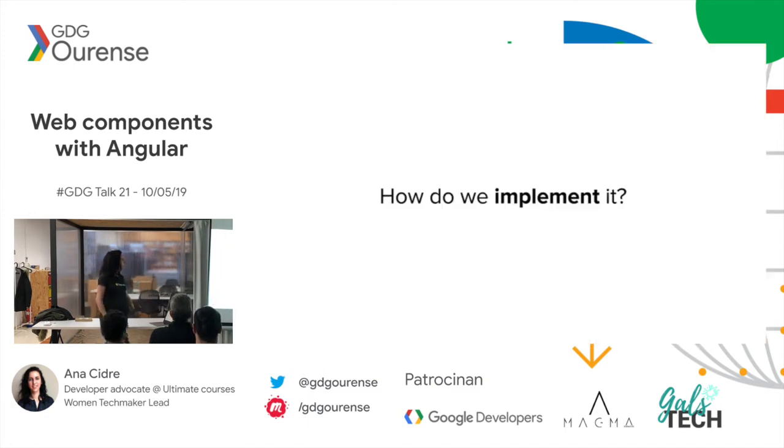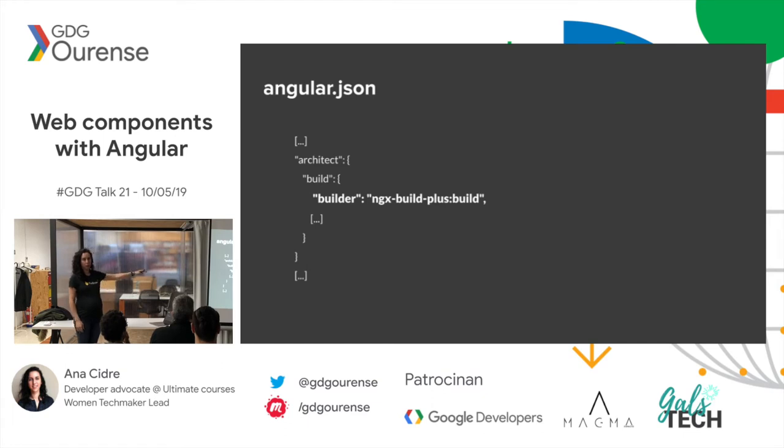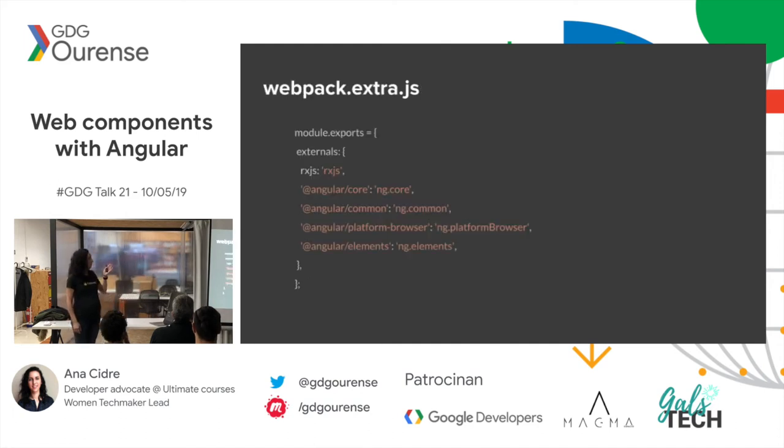So how do we implement ngx-build-plus? First of all, we add it to our project. This is normally done for you, but you have to make sure that the builder has changed to ngx-build-plus build. And then we create a file called webpack.extra.js.